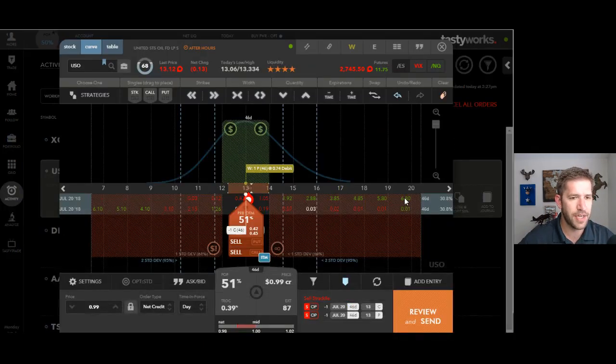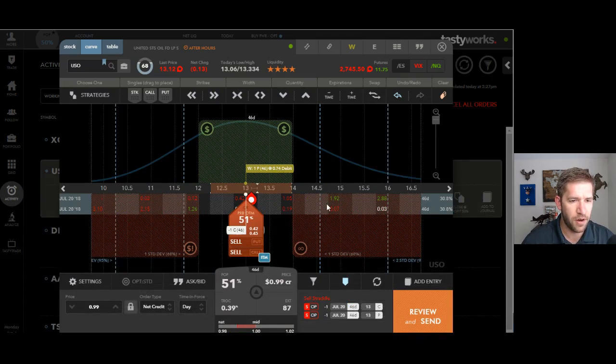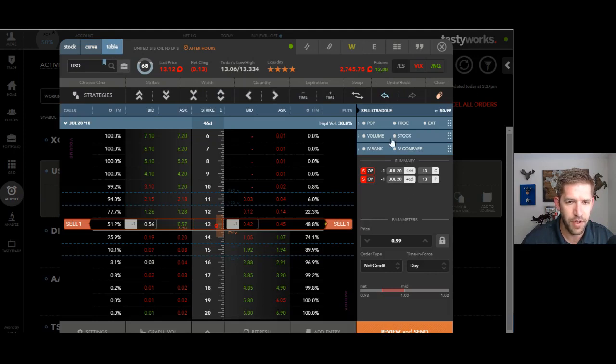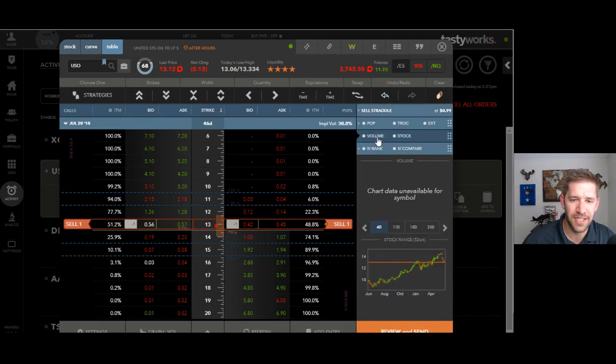The next trade here was USO. So we go into the curve view here. You can see a couple really nice things here. So what I want to do is also show you when you're placing trades. This is something that not a lot of people know about within the platform here. If you click on this volume and stock, it'll give you a very small chart here.